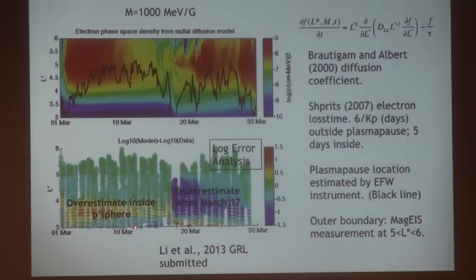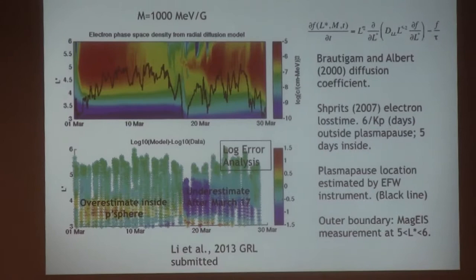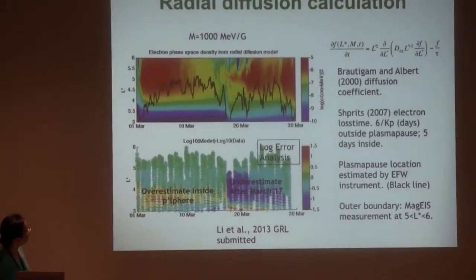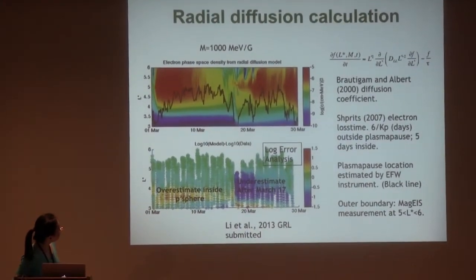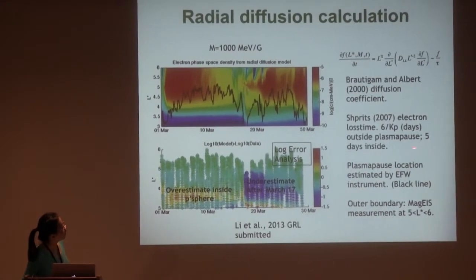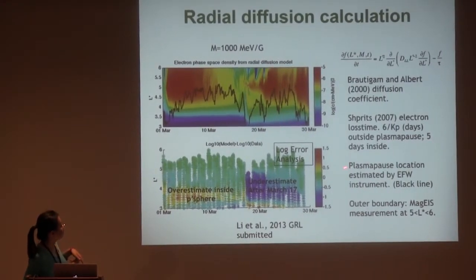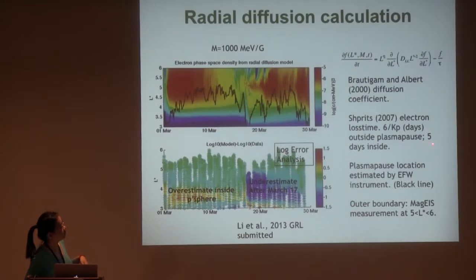In the first half of the month, you can see there's some red here. That means our model overestimated PSD inside the plasmasphere, and we believe it's caused by our inaccurate loss model, because our loss model inside the plasmapause is fixed at 5 days.